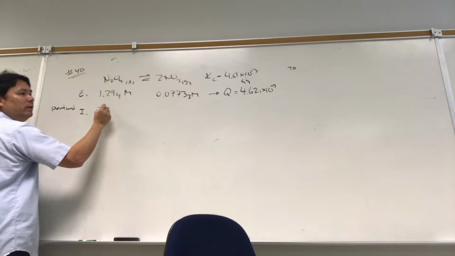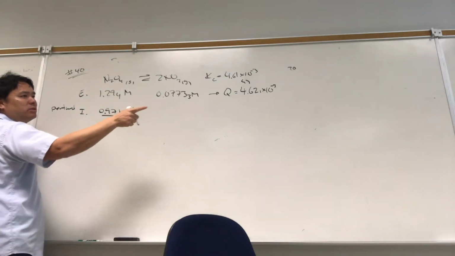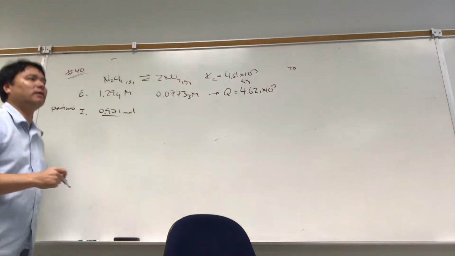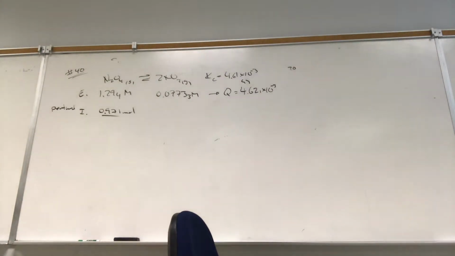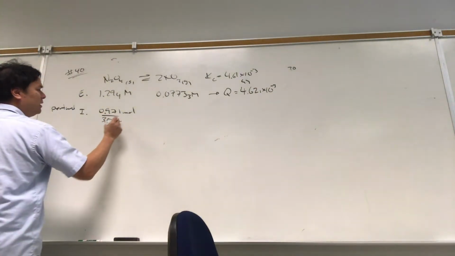And so now I'm going to have 0.971 moles, but now the volume is not 0.75. The volume is going to be 0.75 plus 2.25. And so what we'll do is, this is a valve here. We open the valve, and then it goes over there. And so now it's going to be over 3.00 liters.